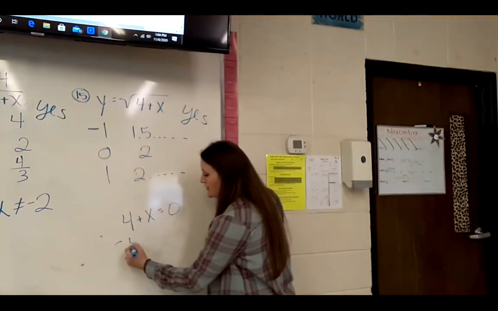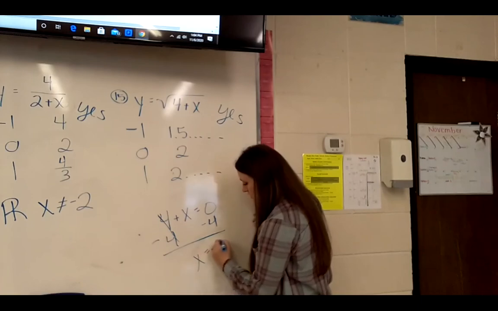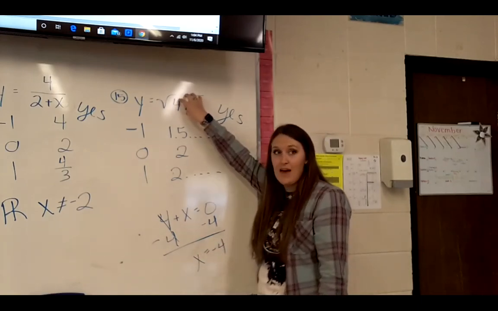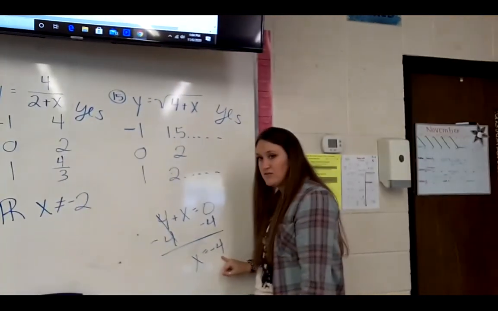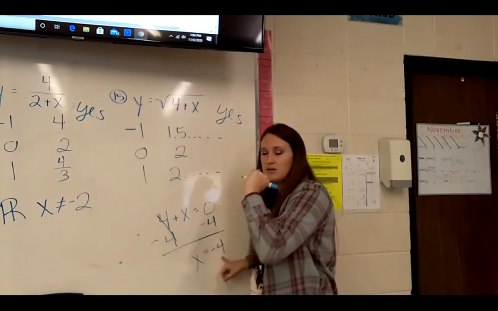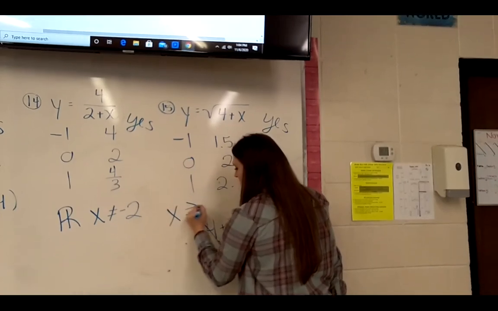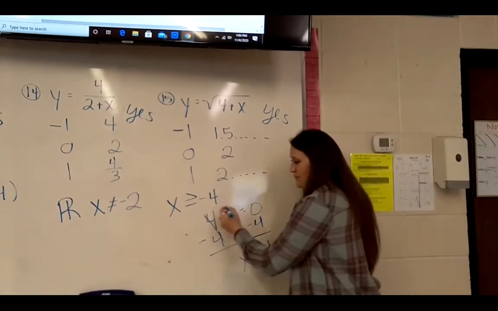So I'm basically solving for x. So when x equals -4, it's 0 in here. We can have that, but can we have anything less than that? No, anything smaller than -4, and it would make it a negative in there, and we can't do that. So it has to be x is greater than or equal to -4. That would be your domain.